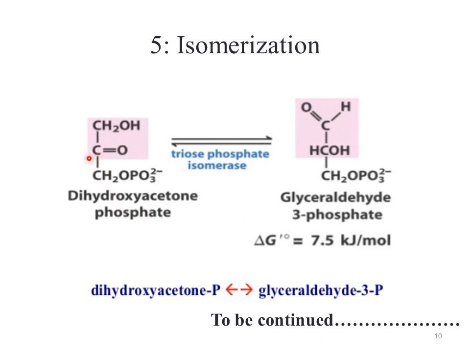The only difference is the ketone and aldehyde group. So these two forms can get converted into each other, but it is important to know that only glyceraldehyde 3 phosphate can enter the next glycolysis process. The acetone form will not be able to continue the process of glycolysis, so it will enter any other metabolic pathway, and it is a reversible process.